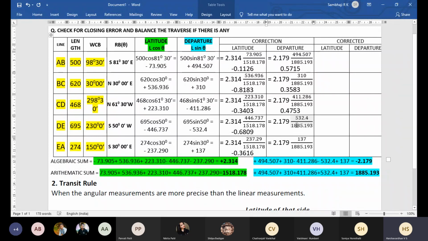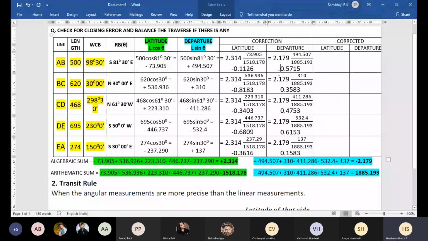For DE, it is 0.6153. And for the last line, 0.1583.